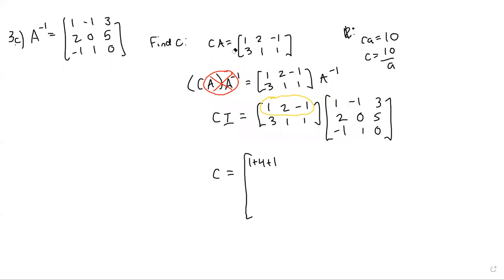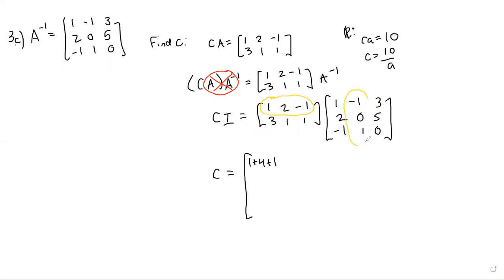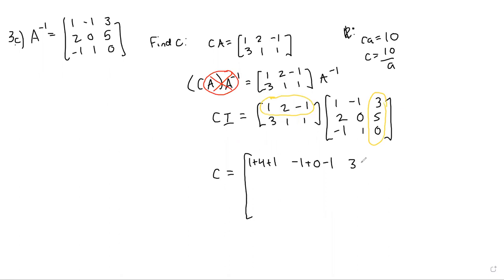And I'll move over to the next column. So I'll have negative 1 plus 0 minus 1. And I'll make my way over to the next one. So I'm going to get 3 plus 10 minus 0. And then keep going.